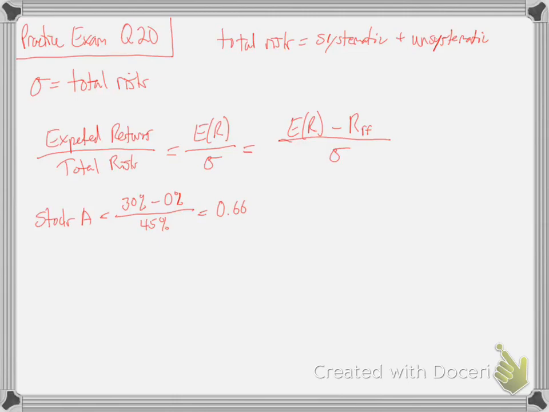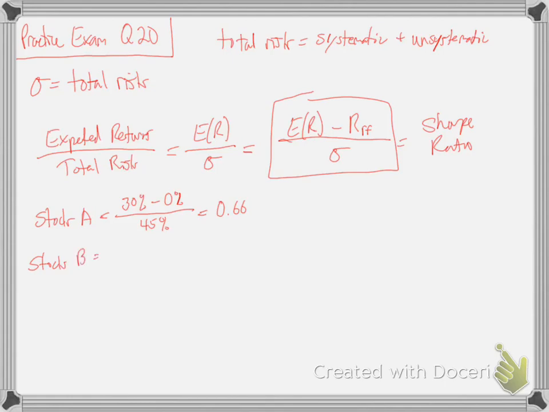This is called the Sharpe ratio. The Sharpe ratio is 0.66. Typically, what you want to see is something around 1, above 0.9, but if you can get around 1 or above 1, that's usually considered a great investment.